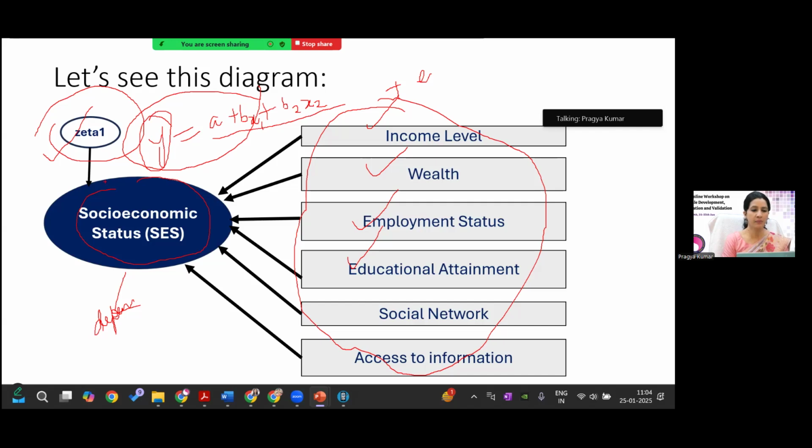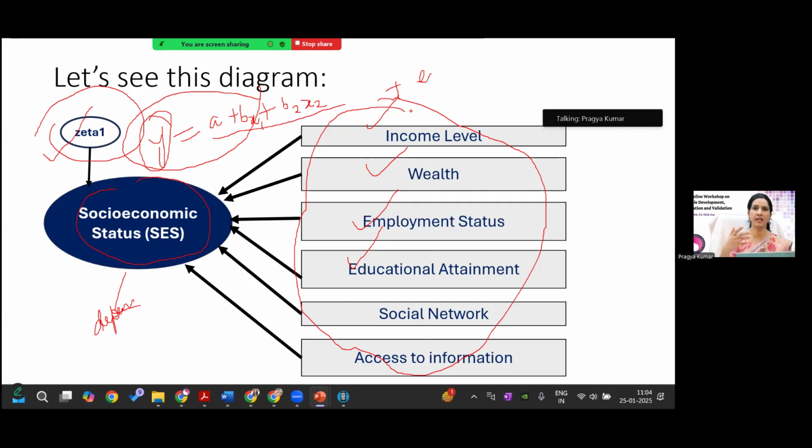So there can be some other item which may explain this socioeconomic status. Let's say I have not taken a variable like social status, here it is written social network. Let's say belongingness to some high social class, or to some social structure, politics.